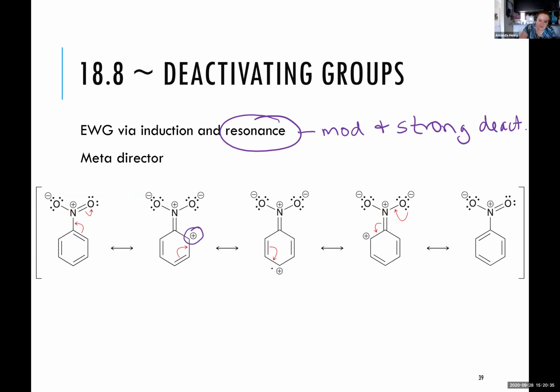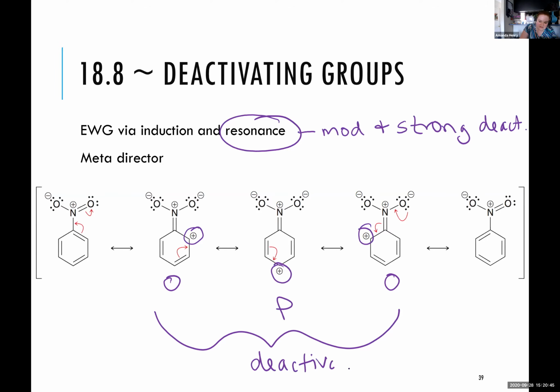There is a carbocation moving around the ring on the ortho and the para positions. So it is deactivating those locations. So as a result, our second substituent will add meta. Not because the meta has been made more reactive, it's just because it has not been made worse, which the ortho and the para have.